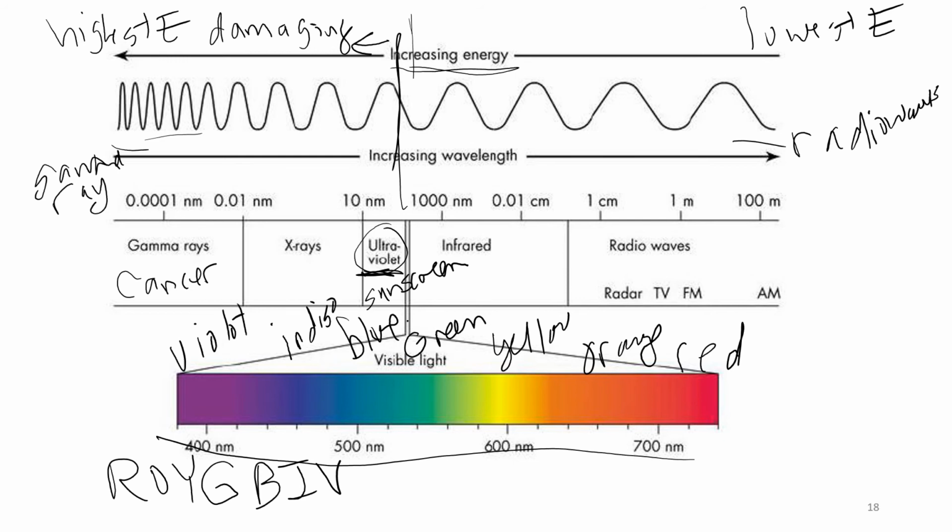Okay, so what I want you to remember with the colors of our visible light is the wavelength. In this one we have red as the longest wavelength to violet as the shortest wavelength. So know the comparison of the different colors, which one has the longest wavelength to the shortest wavelength.